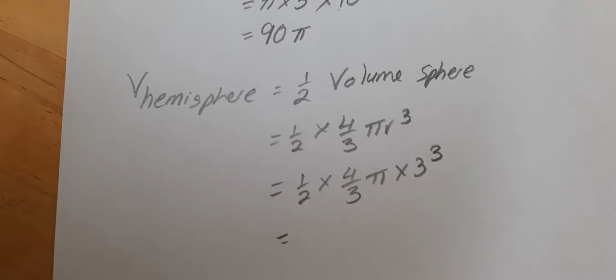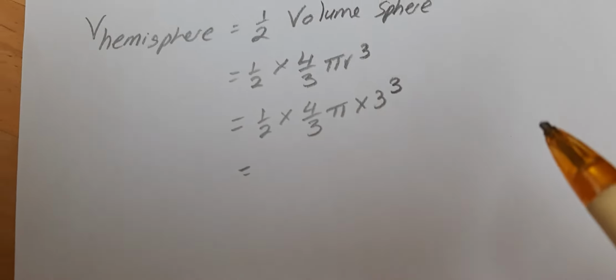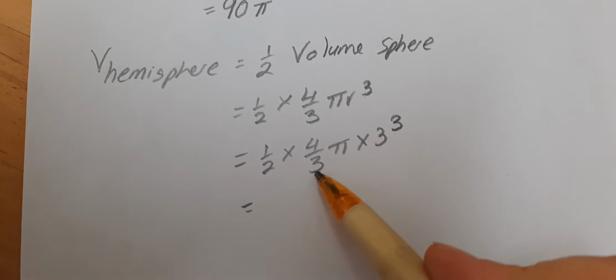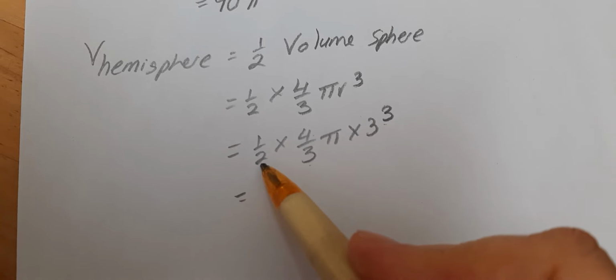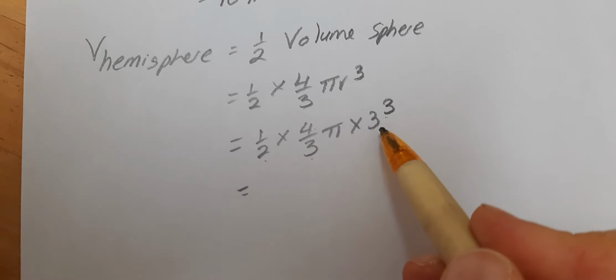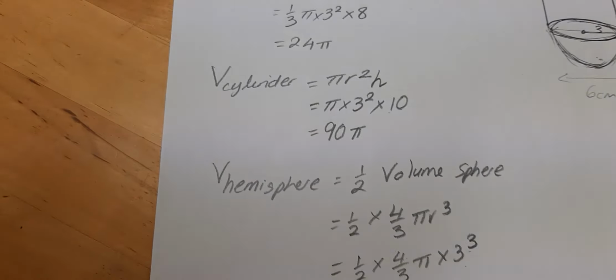You can put that on your calculator, or it could be even nicely more challenging if you do it in your mind, because 27 divided by 3 is 9. So we have a 9 on the top. 4 divided by 2 is 2. 2 times 9 is 18. So that's 18 pi. Or just put it in your calculator.